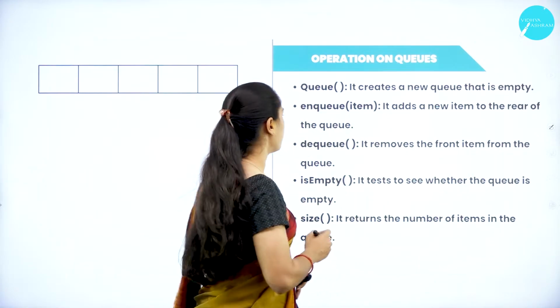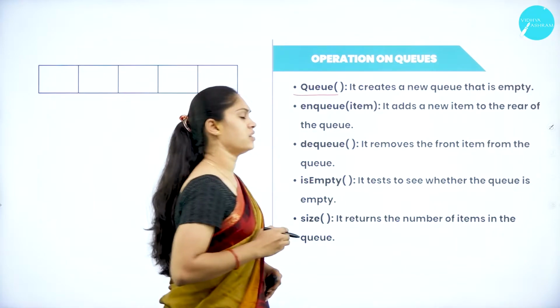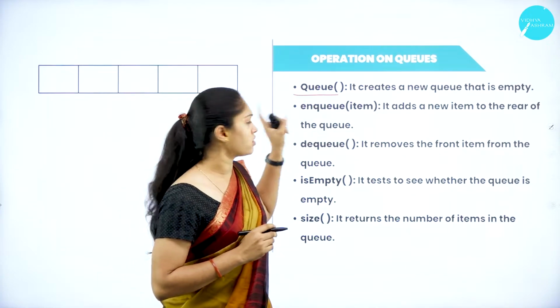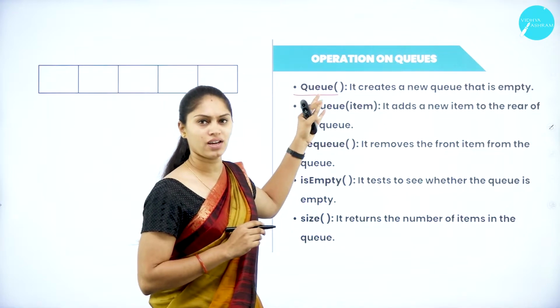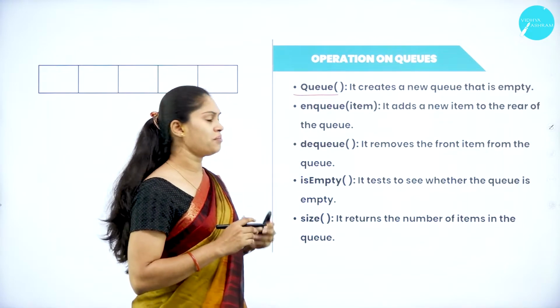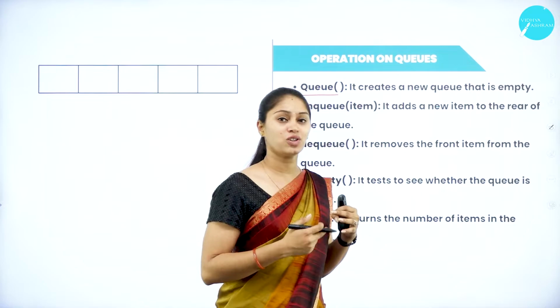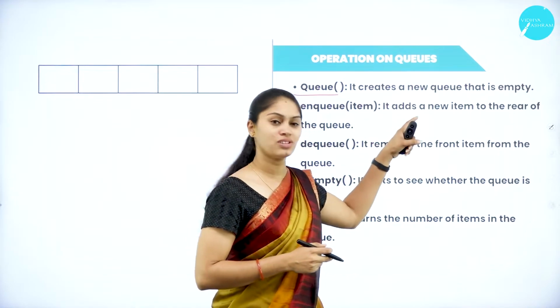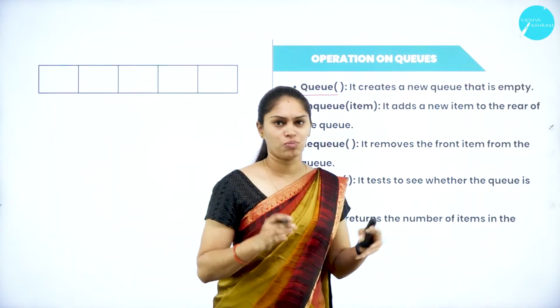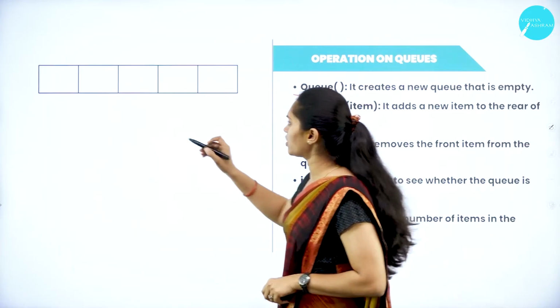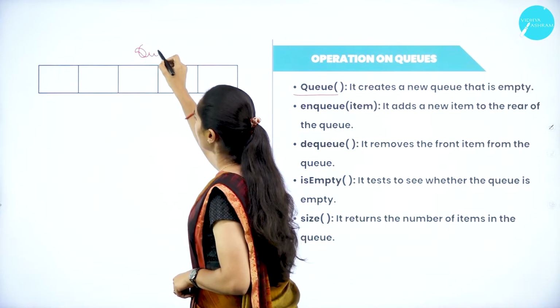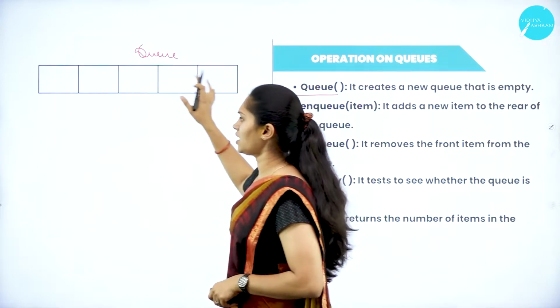Which is the first one here? That is queue. This is a function, that is, an operation or a behavior we can say. When I'm using this operation, we are going to create a new queue, that is, an empty queue.